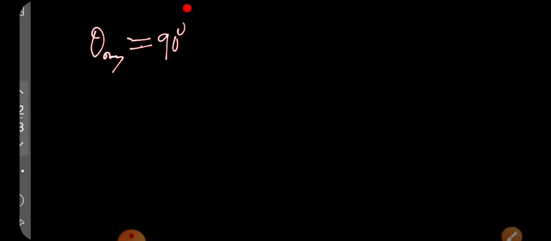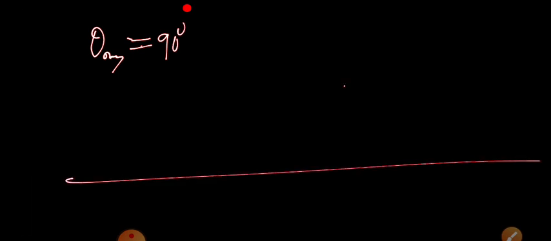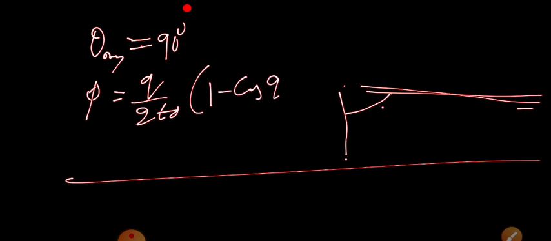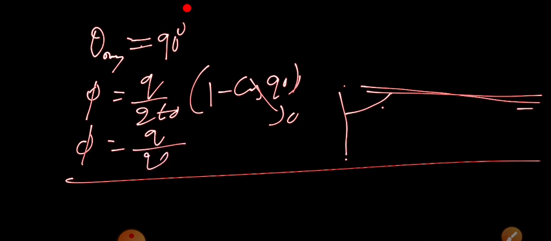Wherever you put the charge particle, if the plate goes up to infinity, this angle will be nearly 90 degree. In that case also, flux will be equal to q by 2 epsilon naught into 1 minus cos 90. Cos 90 is equal to 0, we know. So flux is equal to q by 2 epsilon naught. So if a charge particle is there and it is asked how much flux will pass through an infinite plate, then the answer will be q by 2 epsilon naught.